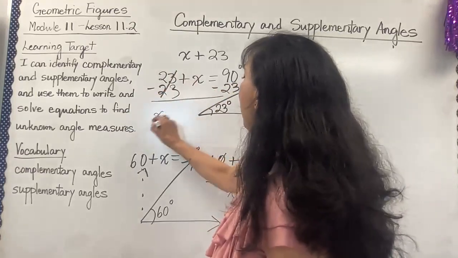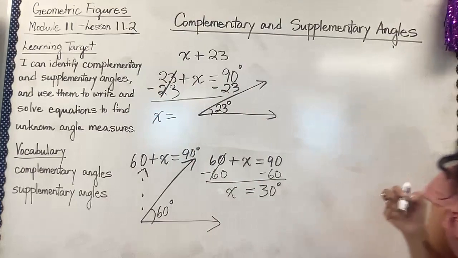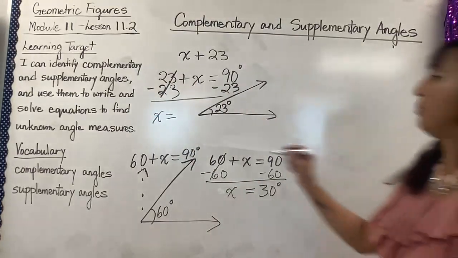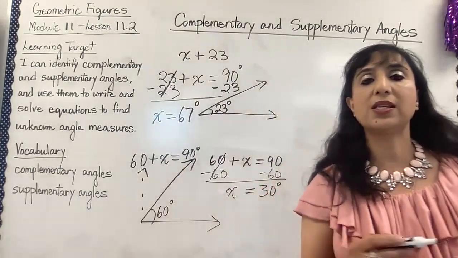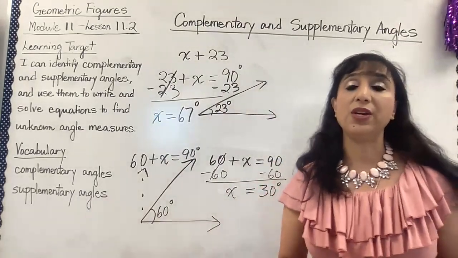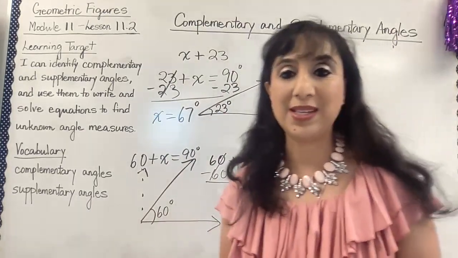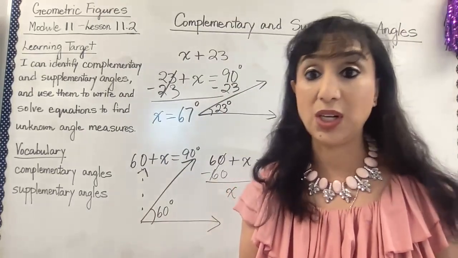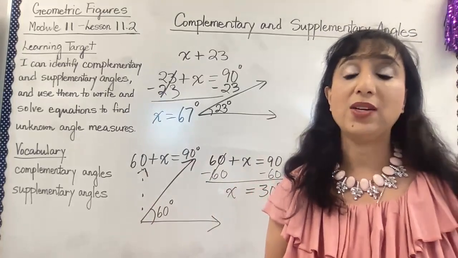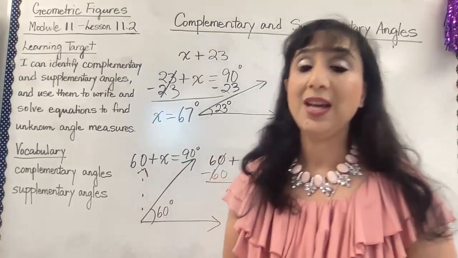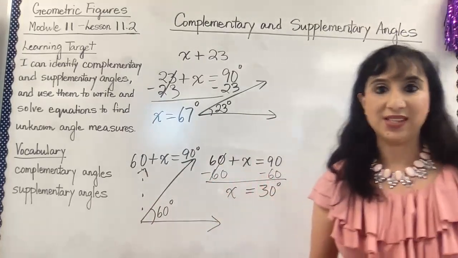And so x is equal to 90 minus 23, which gives 67 degrees. So an angle complementary to 23 degrees would be 67 degrees. And you can always check your work by substituting that value, because I know that 23 plus 67 is going to give me 90 degrees.